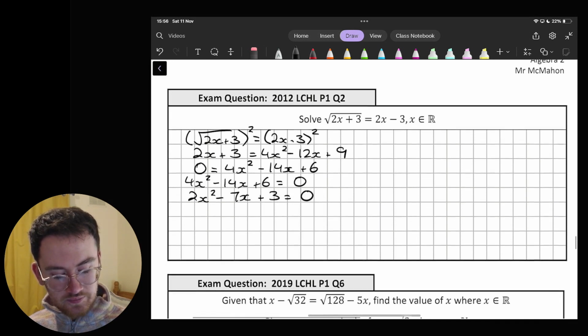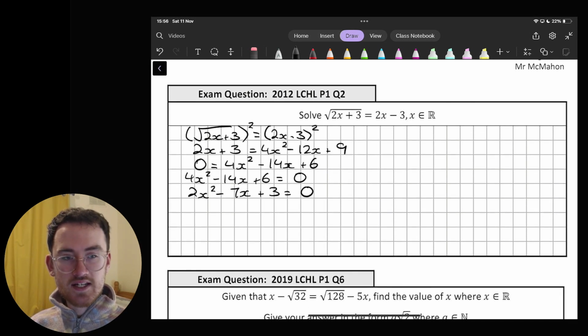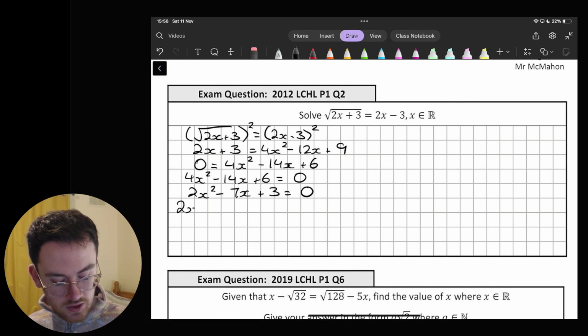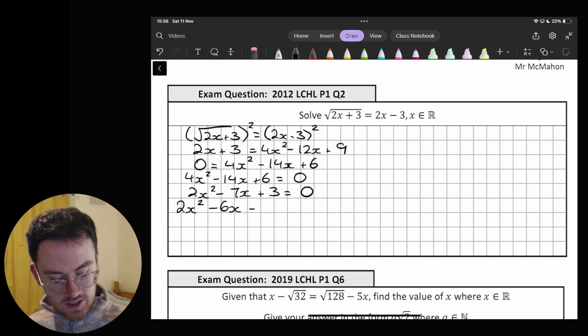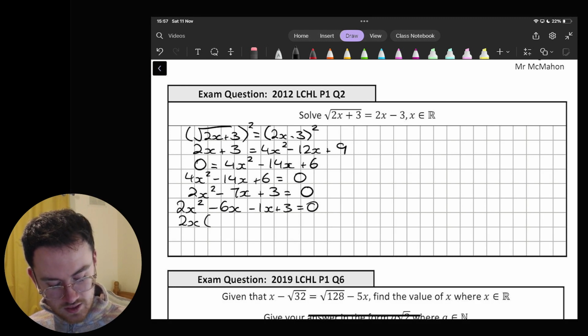So I'm going to need two numbers that will multiply to give me 6, but will add to give me 7. So, of course, that's going to be minus 6x and minus 1x. We can factor out. So I have 2x minus 1, x minus 3. So I get that x is equal to a half, or x is equal to 3.